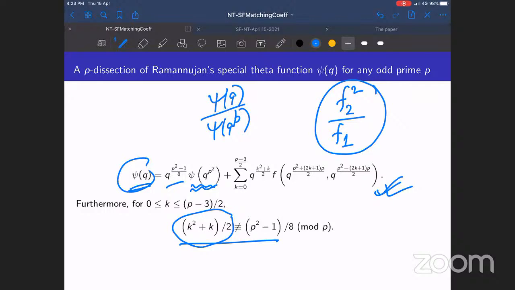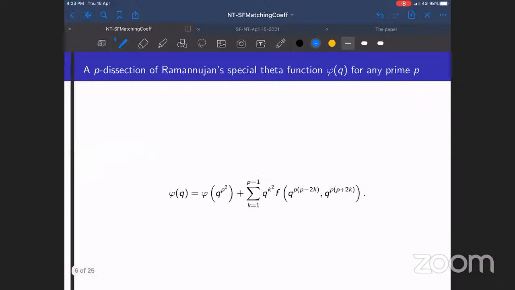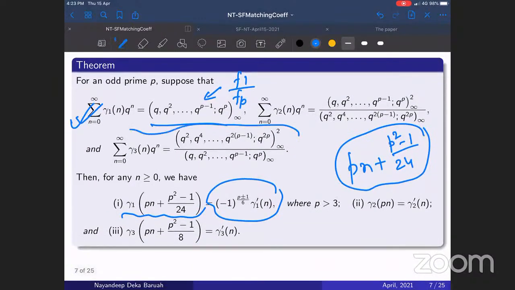So therefore we equate again the powers of q, powers of pn plus p square minus 1 by 8. So therefore we get that result. If we denote gamma sub 3 n as this q product, and the inverse is gamma 3 prime, then we have the third theorem.